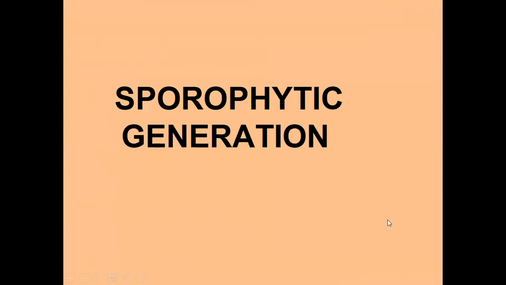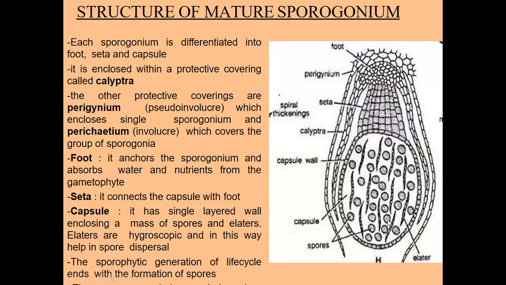Now, next, the zygote is developing into the next phase of the life cycle, which we call the sporophyte. What is the sporophyte here? This is the structure which is developed in the archegonia or in the archegoniophore, which is called a sporophyte.